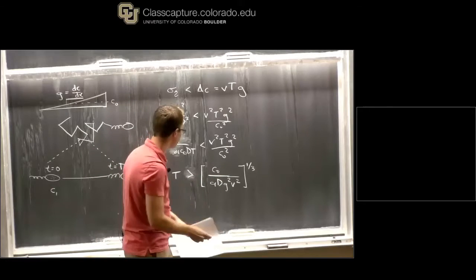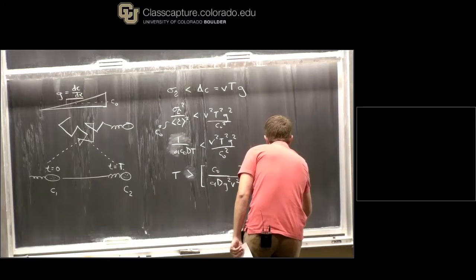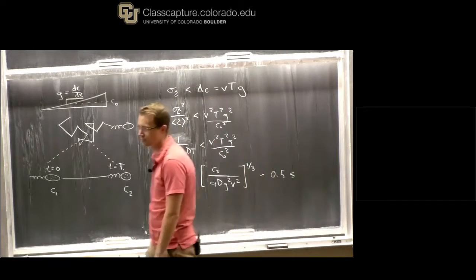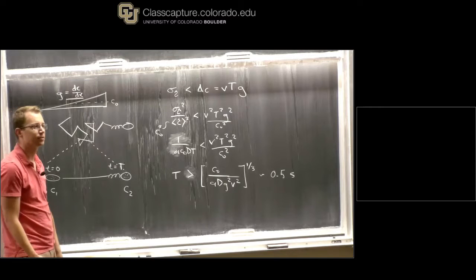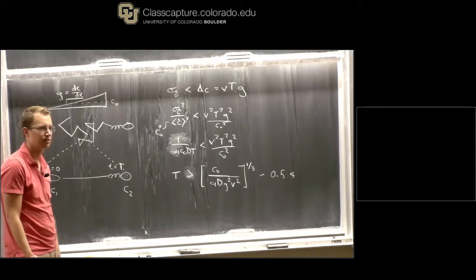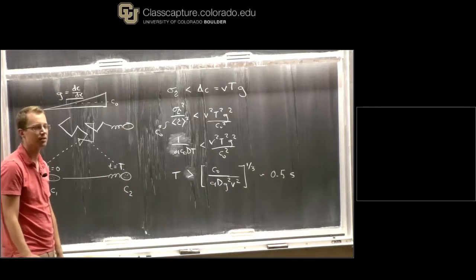Anyway, you can plug in the numbers and you get about half a second, right? This is not a statement of how long their runs last. It's a statement of how long they need to last in order to gather enough statistics. Does that make sense? Then independently, you can actually look at how long the runs last.